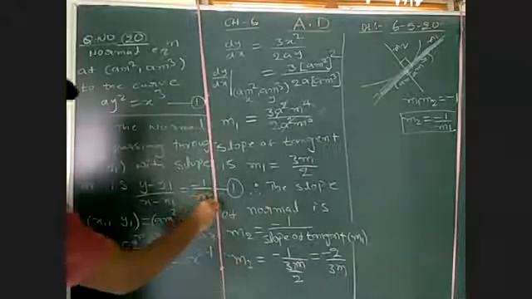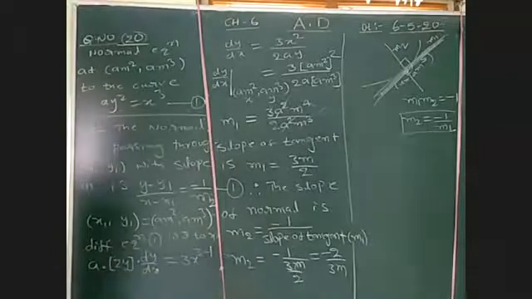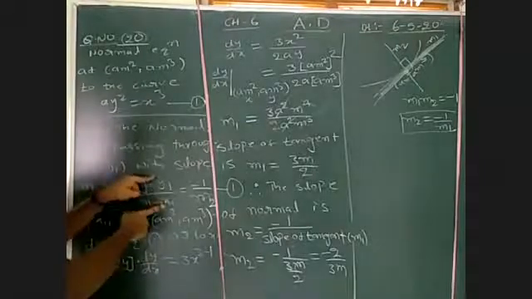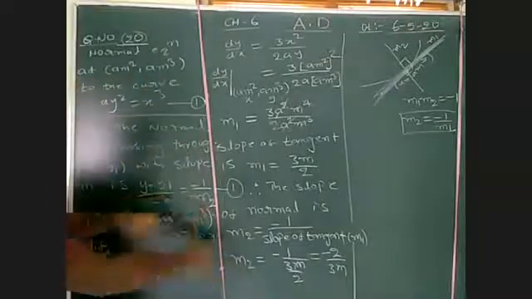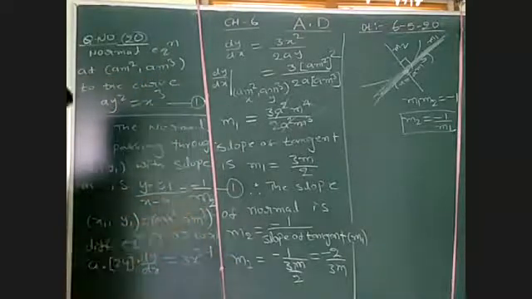Let us take this is m2. Substitute: we know the point x1, y1, and we know the slope m2 value, so substitute all these values here.